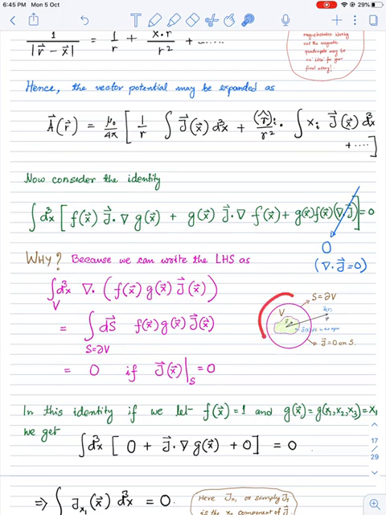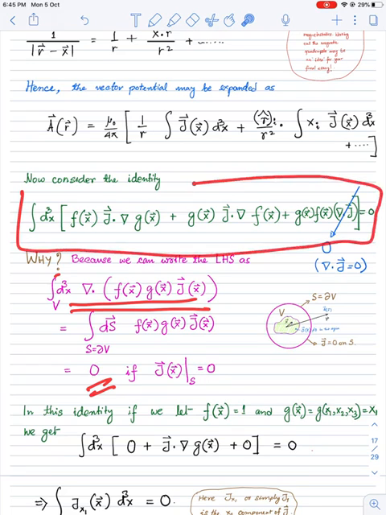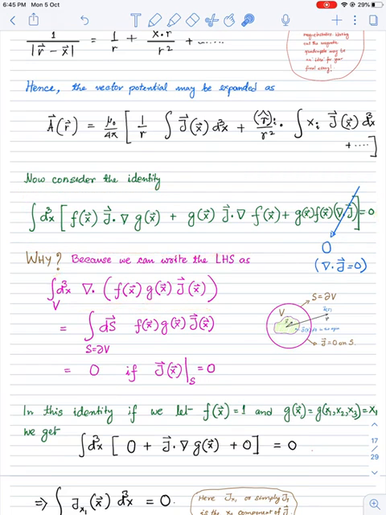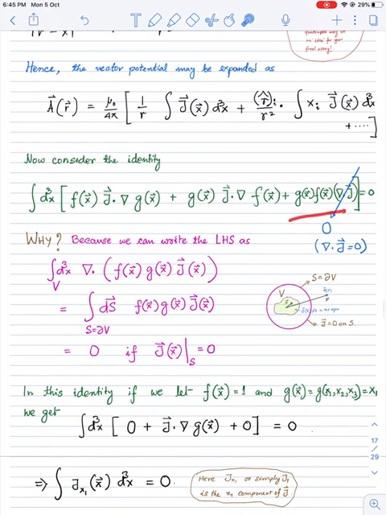And if j is localized, then you can always consider a volume which is larger than the region which contains the localized current densities, and therefore the current density is going to vanish on the surface of this volume. Because it vanishes on S, this integral should vanish. So basically this is an identity which is true if we have localized current sources j.